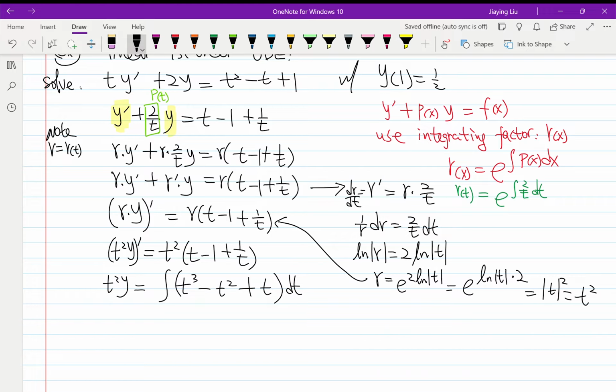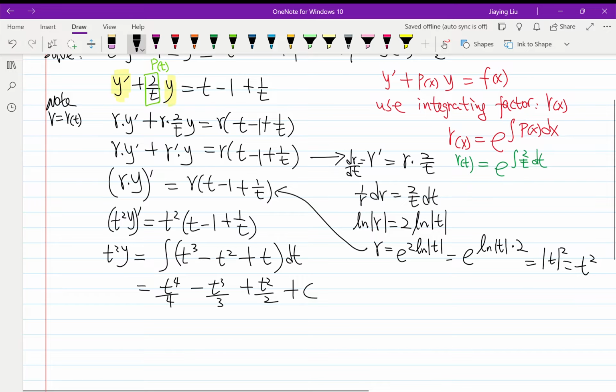Every term there you can integrate using the power rule. So that's t to the 4th over 4 minus t cubed over 3 plus t squared over 2. Don't forget to add a constant c. And then the very last step is to divide by t squared to solve for y.